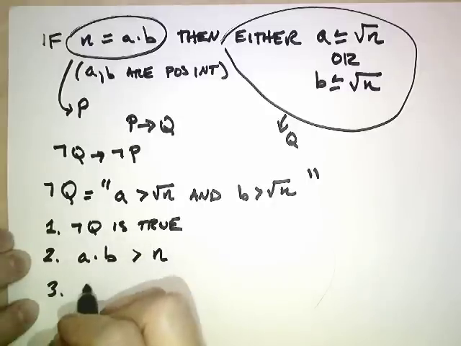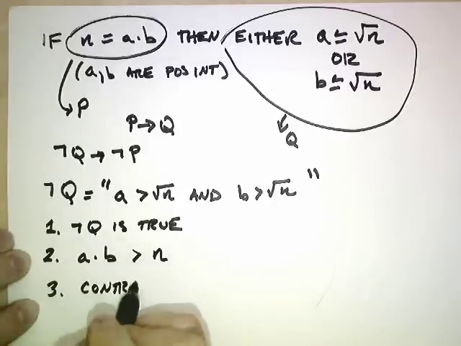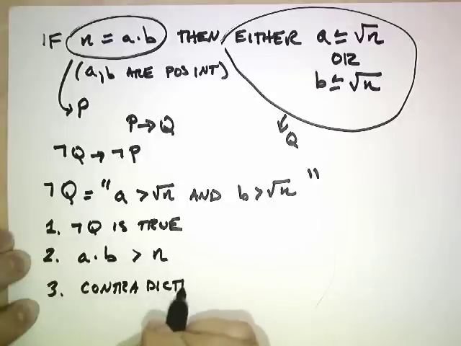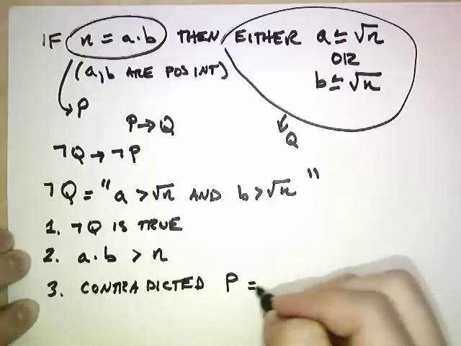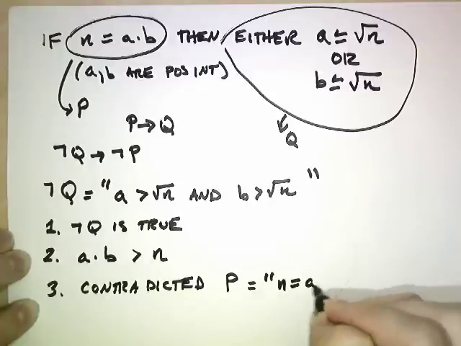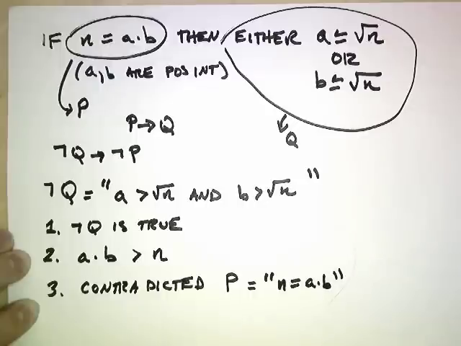Okay, but now we've contradicted P, right? P says that n equals a times b. But if n equals a times b, there's no way that a times b could be strictly greater than n. It's a contradiction. So we can conclude that not P is true.